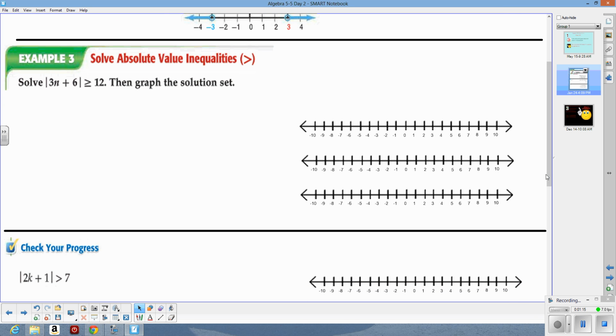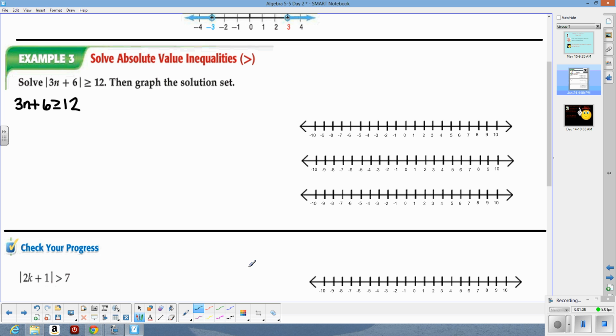So for example, solve the absolute value of 3n plus 6 is greater than or equal to 12. We have to first look at case 1, where we have the positive value of what's inside the absolute value symbols. So 3n plus 6 is greater than or equal to 12. That's our first case.